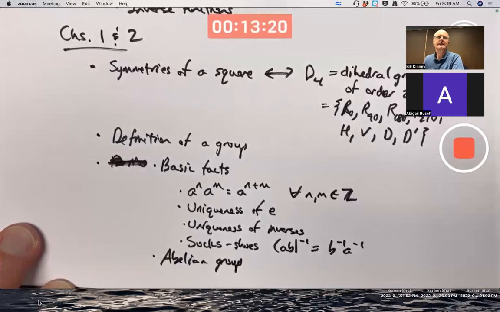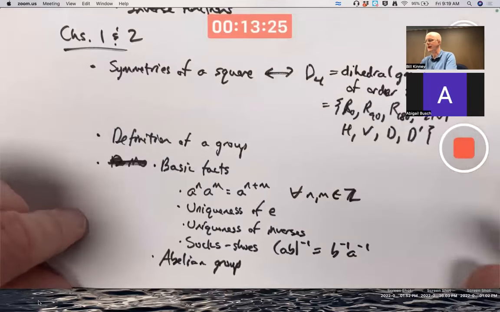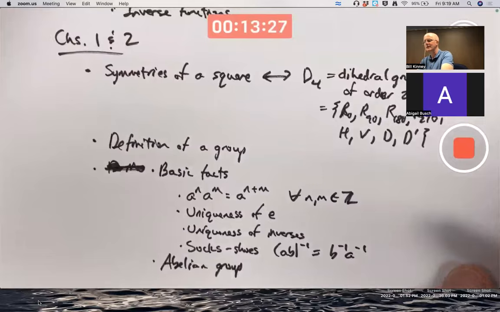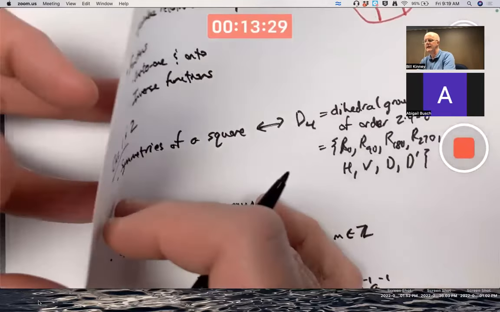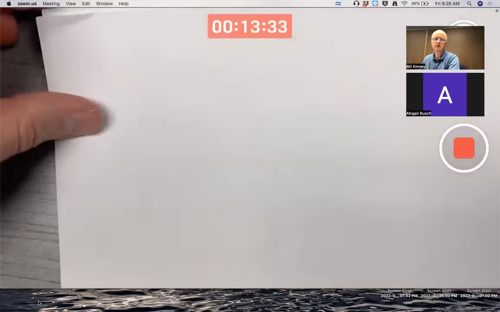Okay, those are the examples of the basic facts and definitions that I'm thinking of. It's possible I'm missing something from chapter 2 here, but I think we better move on to chapter 3 anyway. Chapter 3 is about subgroups. Let me lump chapters 3 and 4 together, actually.